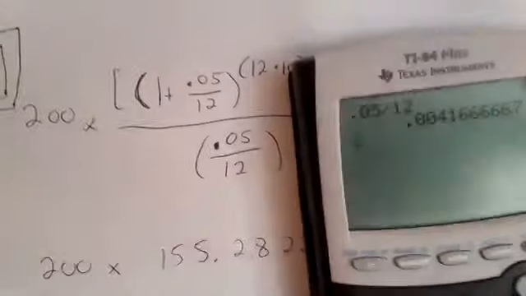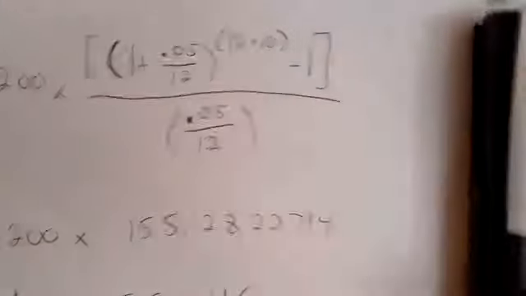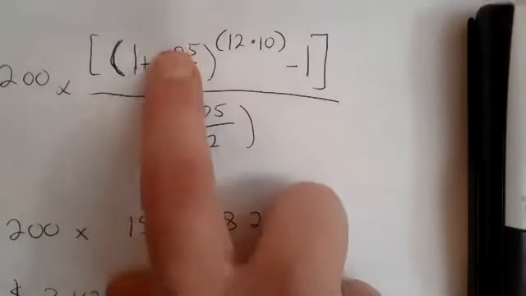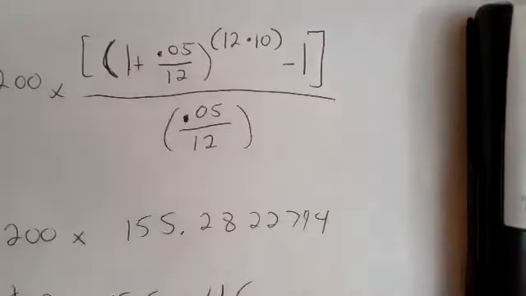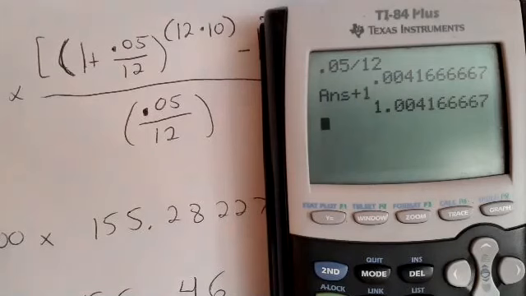Okay, in the calculator, we do 0.05 over 12. So you want to hit these parentheses first. We got 0.05 over 12, and we're going to add 1 to that. That gives me 1.004167. I didn't even write out all the steps on this one.